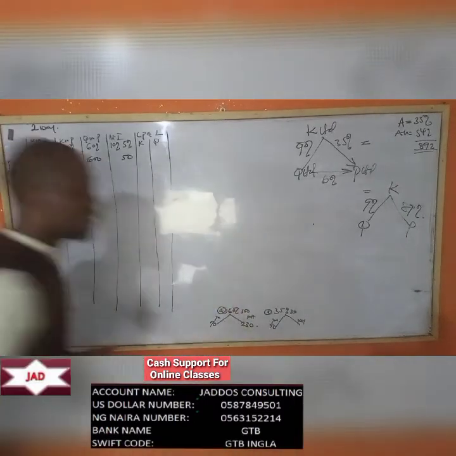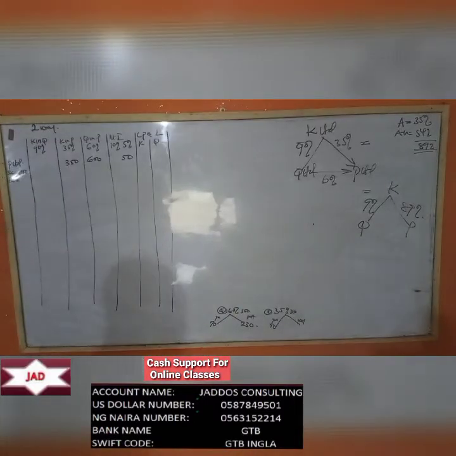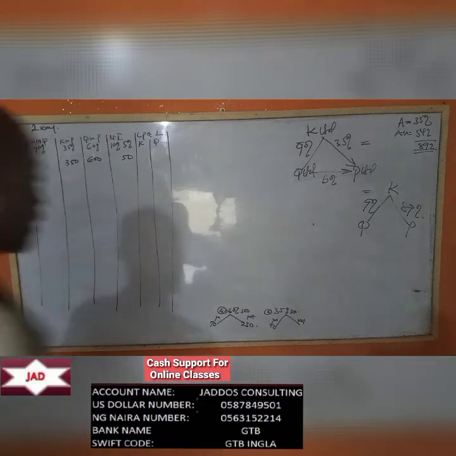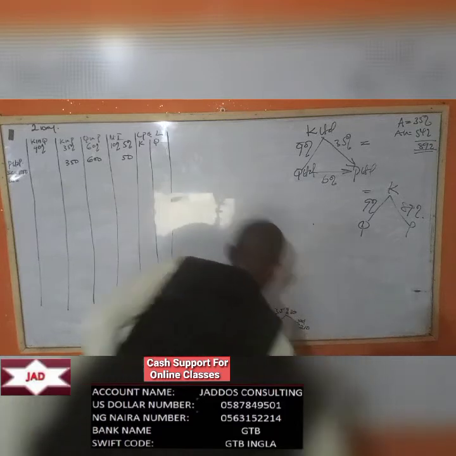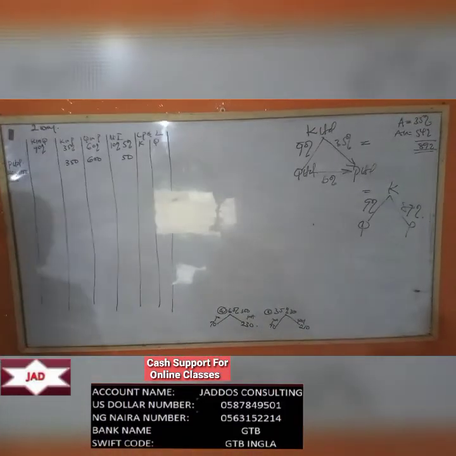So 300 minus 90 gives us 210. All right, so what's the pre? It will be 60% of 70.